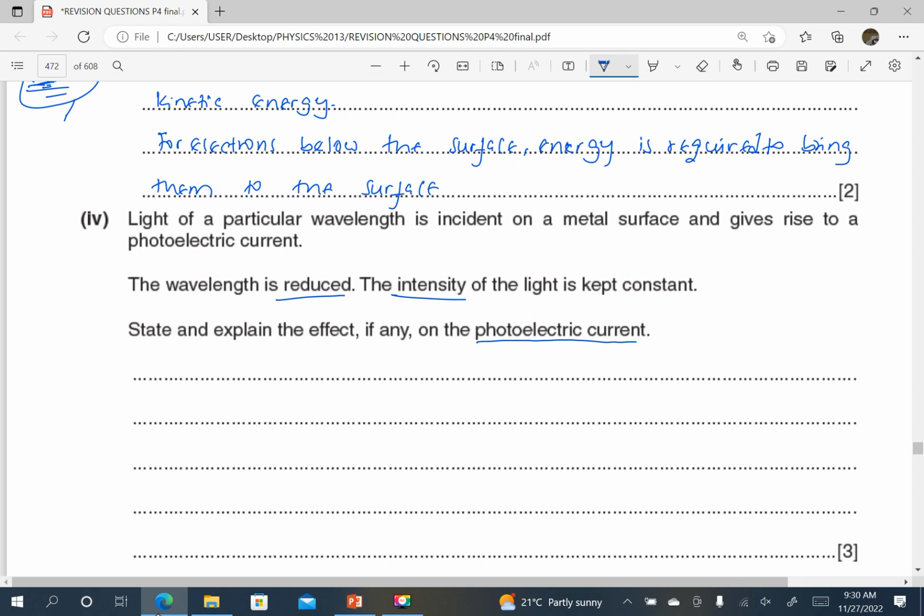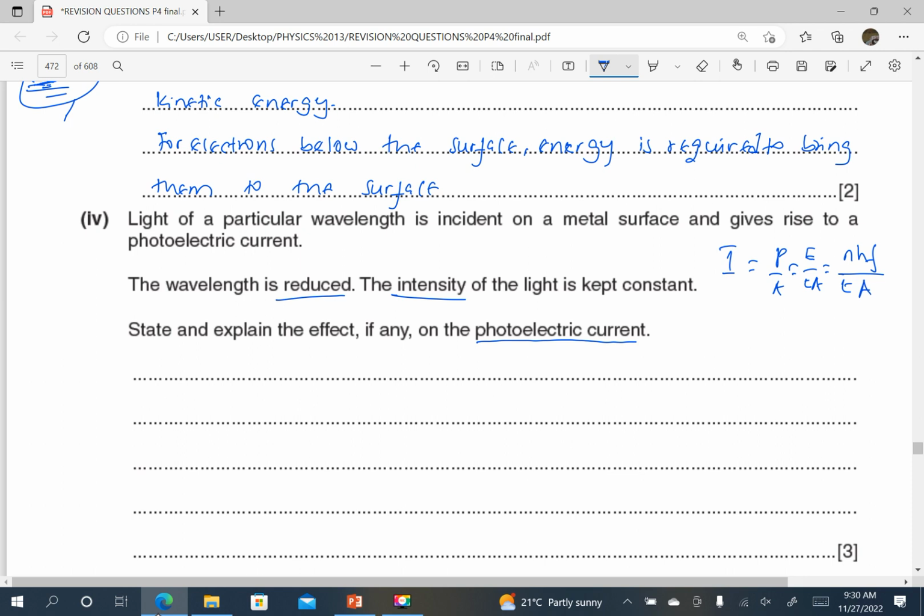surface per unit time. Because remember, intensity is power per unit area, which is energy over T times area, which is going to be the number of photons times the energy of each photon divided by T times the area. That is NHF.